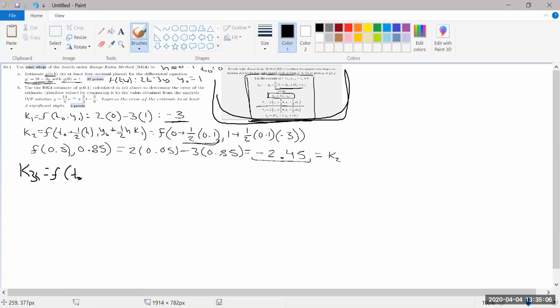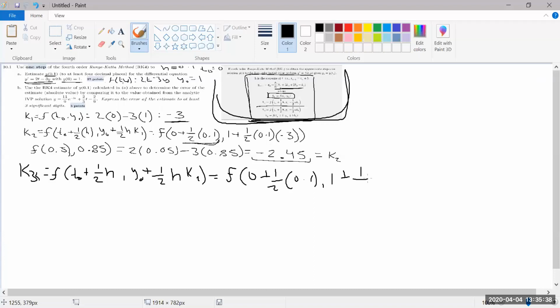So we have K3 equals t sub naught plus 1/2 h, comma, and then our y sub naught plus 1/2 h k2. Okay, so evaluating this function, we get f of 0 plus 1/2 of our 0.1 for our t, and then for our y, we get 1 plus 1/2 of 0.1 times our k2, which we just determined to be negative 2.45.